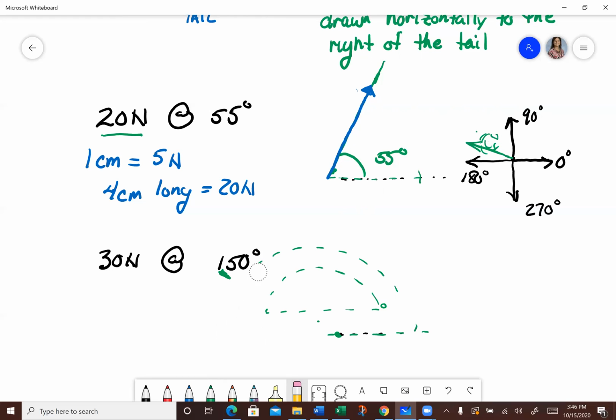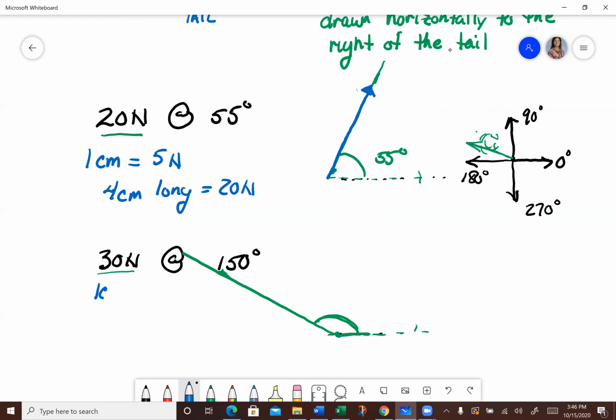I'm going to remove my protractor, right? So I have a nice eraser here. When I connect those 2 points, that's going to give me a line that makes an angle of 150 degrees with this horizontal line as I go counterclockwise. The length of that line has to represent 30 newtons.